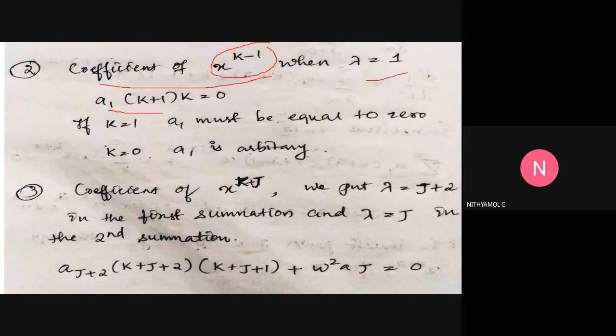If k is equal to 1, then a1 must be equal to 0. And if k is equal to 0, then a1 is arbitrary.